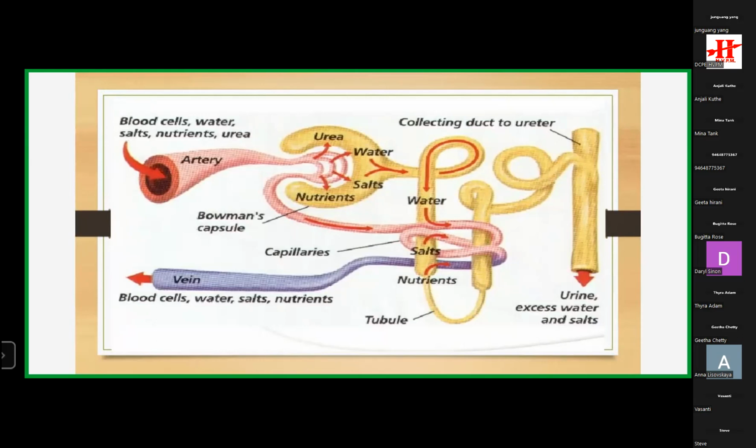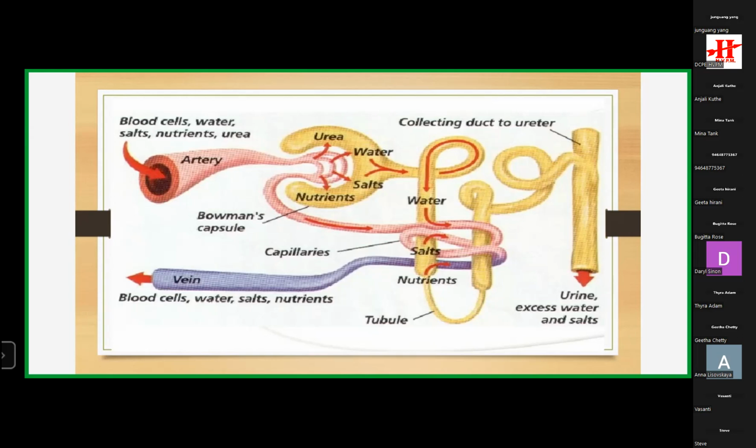Angiotensin helps in the constriction of the blood vessels. That means overall, the kidney helps in the maintenance of our blood pressure. By contracting and by relaxing some muscles, secreting certain hormones, it helps in maintenance of the blood pressure.